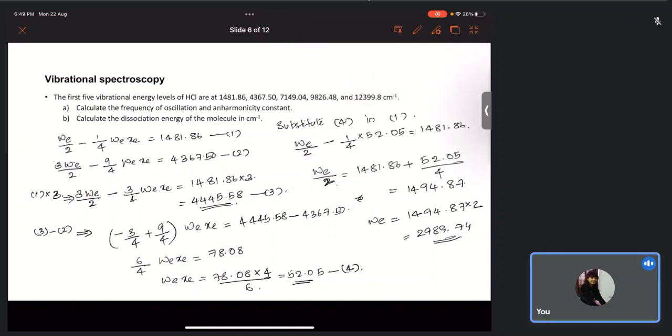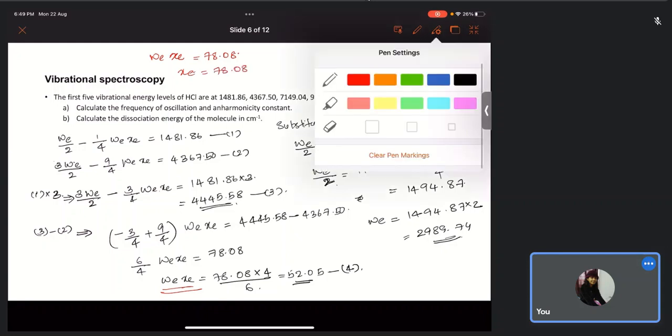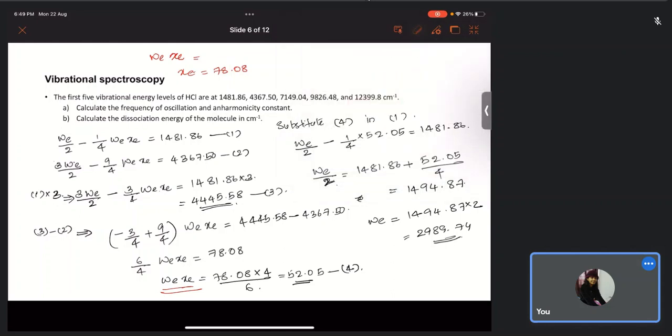So we know what is omega E and we know what is omega E xc. So let's substitute. So we know omega E xc is equal to 78.08. So xc is going to be 78.08, sorry, no, this is 52.05. Mistook it.